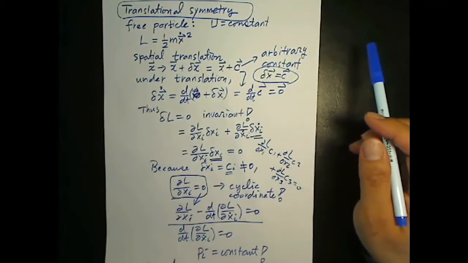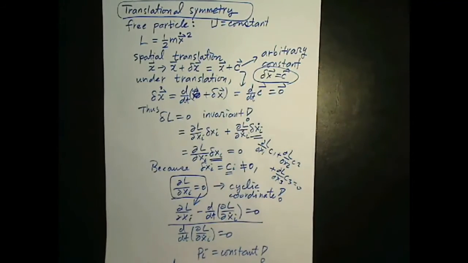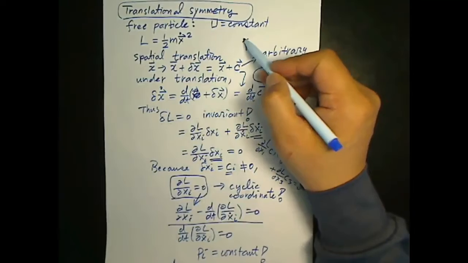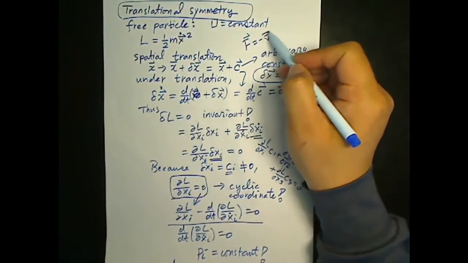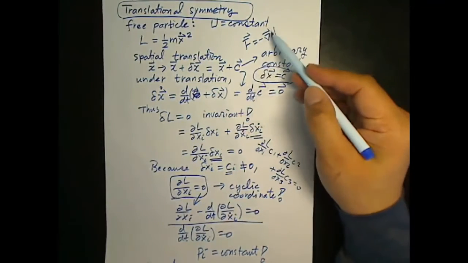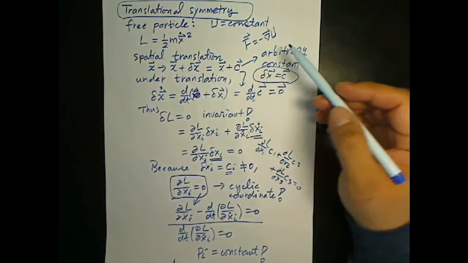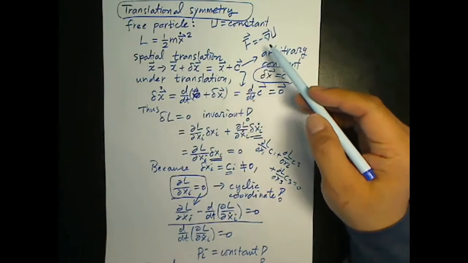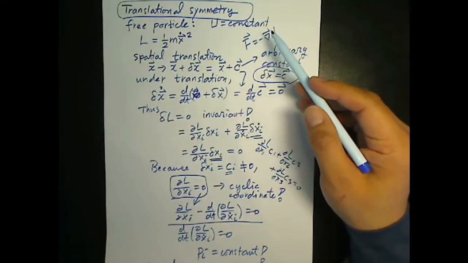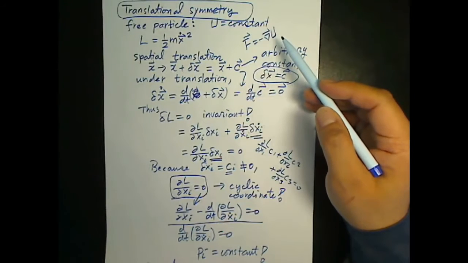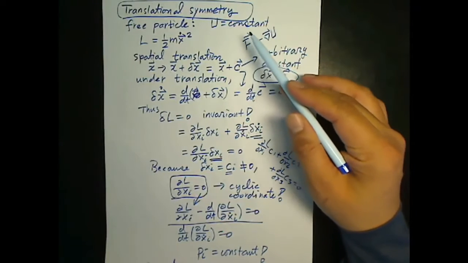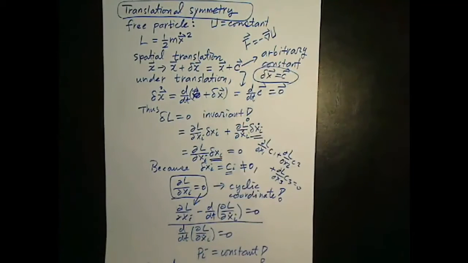That means the force, which is minus the gradient of the potential energy, vanishes: if the potential energy is constant, the spatial derivative, the gradient, kills the constant term, and the resultant force becomes zero.